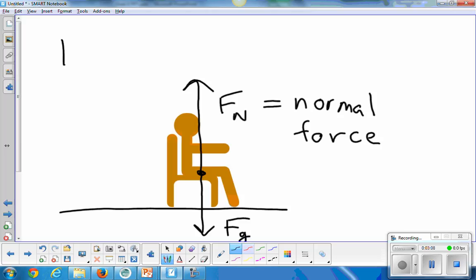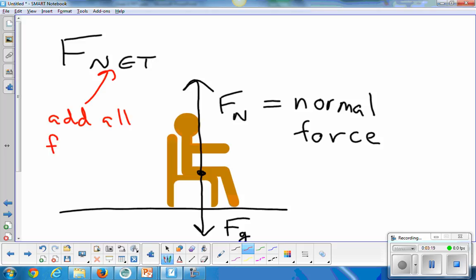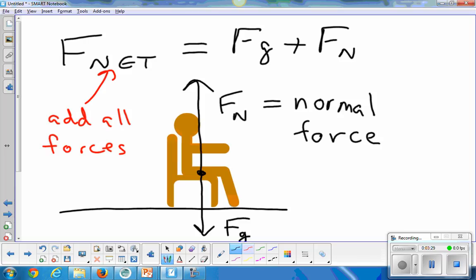So in this case, we would say F net, and that just means add all forces, equals, well, we've got gravity and we've got the normal force. So how does that work? Interesting. So let's think about this.